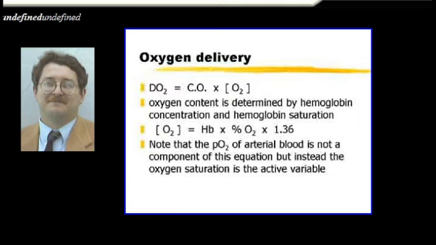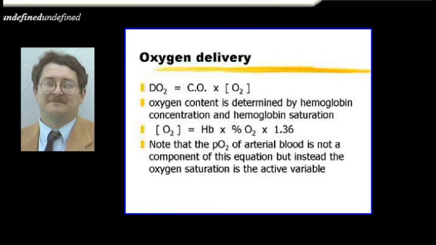Next, we'll look at the concept of oxygen delivery and oxygen consumption. This slide shows that oxygen delivery can be mathematically expressed as cardiac output times oxygen concentration in the blood. The oxygen concentration in the blood is equal to the hemoglobin concentration times 1.36 times the percent saturation.